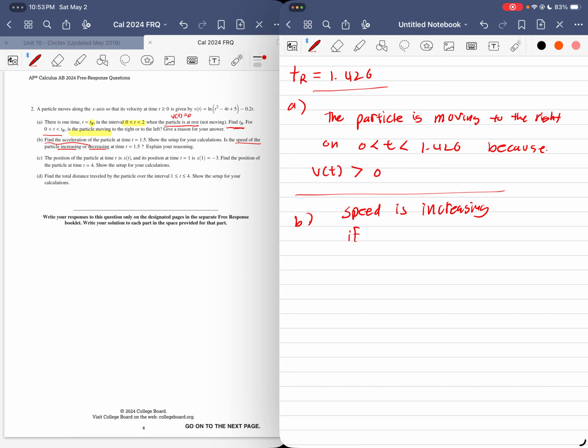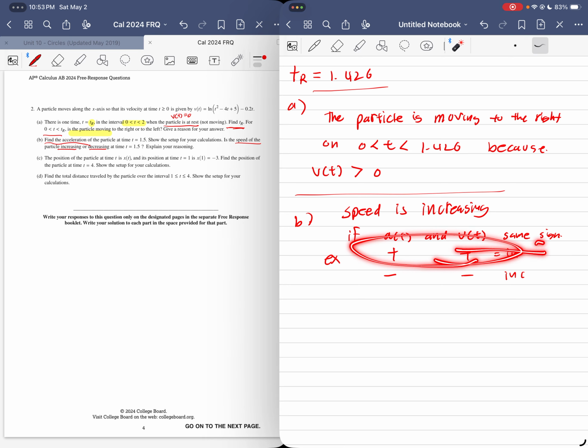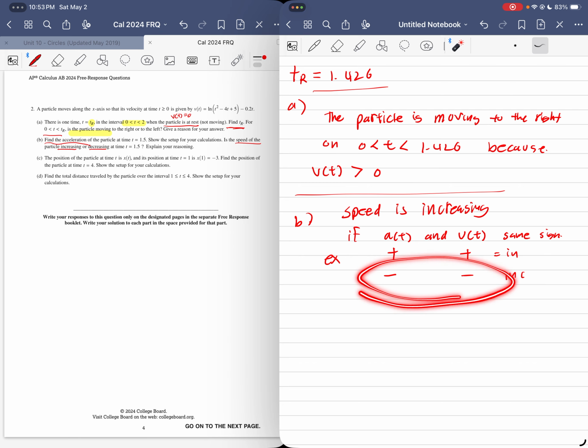Speed is increasing if acceleration and velocity are the same sign. For example, if acceleration is positive and velocity is positive, it is increasing. If acceleration is negative and velocity is also negative, it's also increasing, because speed is increasing from the backward side.